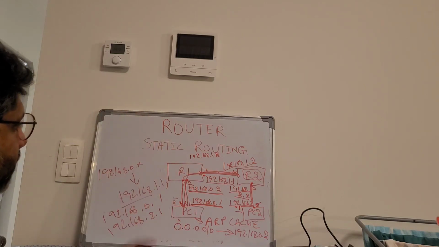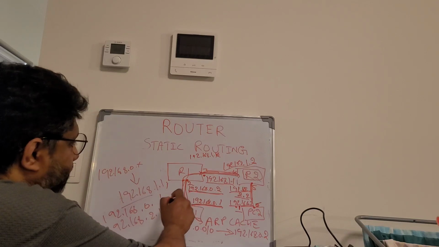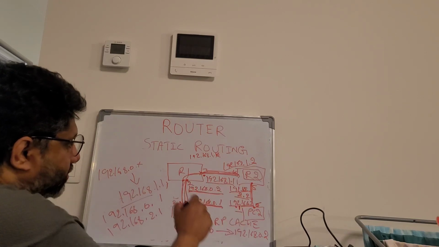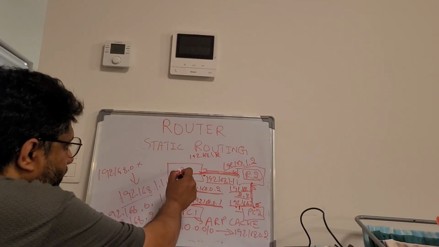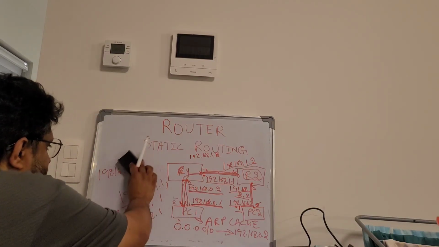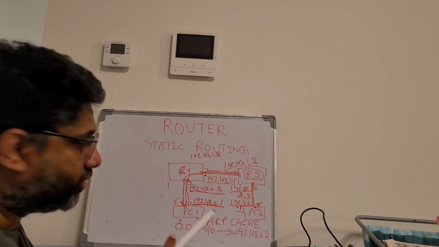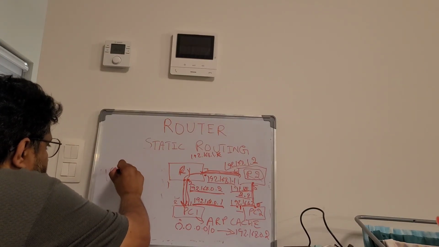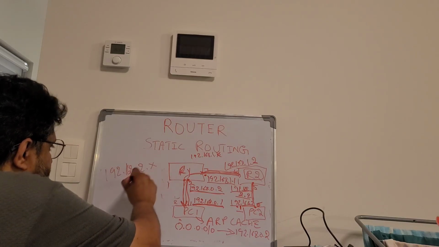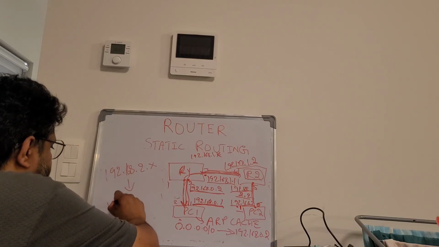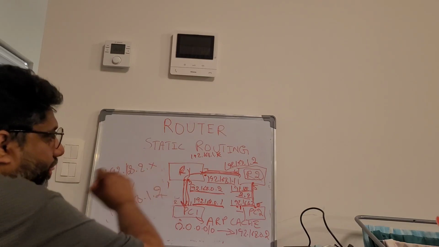Here R1 does not know how to reach 192.168.2.x, right? Because there is no interface mapped to 2.x. So in R1 we need to define a static route which says to reach 192.168.2.x, go to 192.168.1.2.